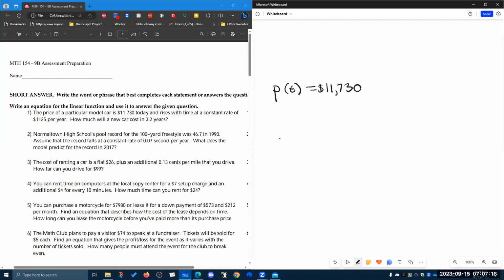With time changing here, which is what I put T, it is going to increase at a constant rate of $1,125 per year.